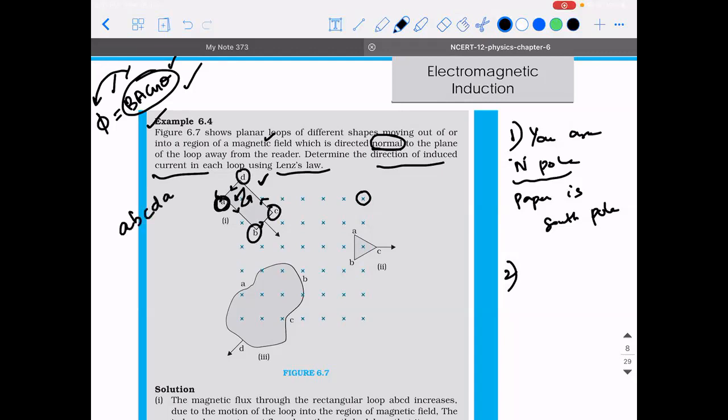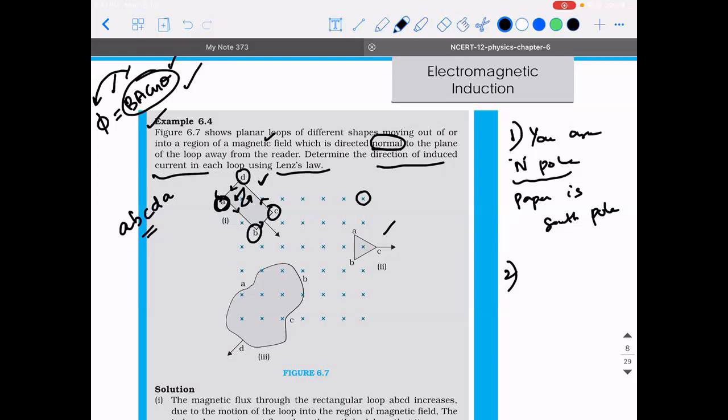Okay. Now I want to check your clarity. Do the second problem and let me see how many of you understand. See, one thing changes. You're still North pole, the paper is still South pole. But what is the only thing you need to check? Whether the flux is increasing or decreasing. In the second case, what is happening to the flux? It will decrease because the body is moving out of the magnetic field.